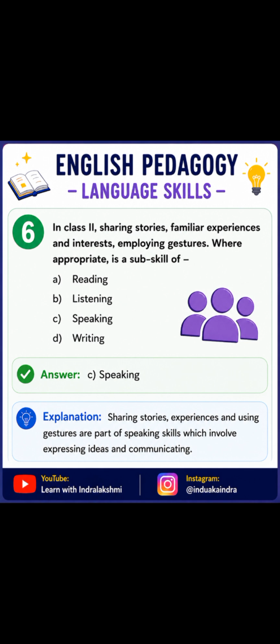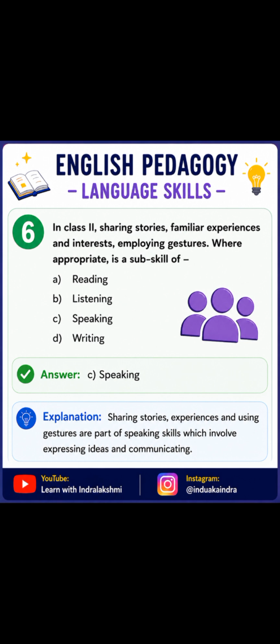Question 6 says, in class 2, sharing stories, familiar experiences and interests, employing gestures where appropriate is a subskill of option A reading, option B listening, option C speaking, and option D writing.